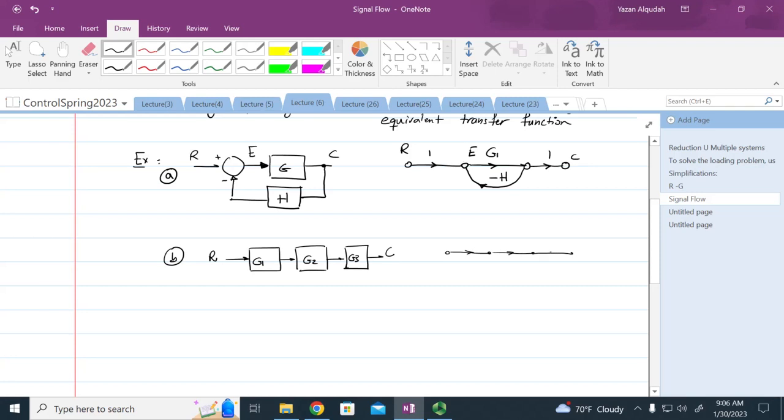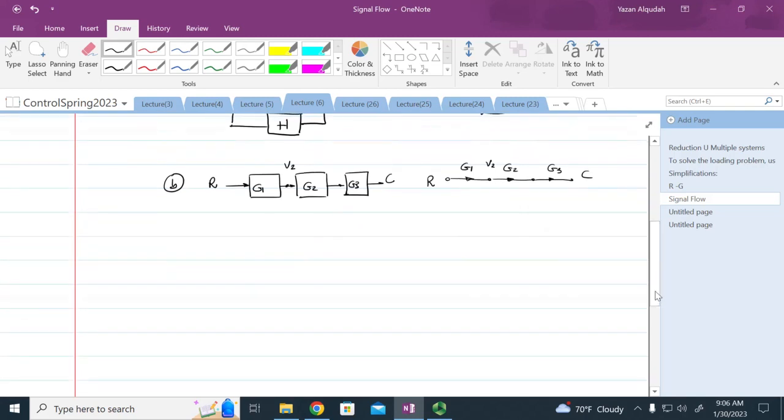This is a branch, a branch, a branch. This is G1, this is G2, this is G3, and this is C. And if I have, for instance, a voltage, a signal here that is V2, then I can write this is V2. This is an R. Okay.